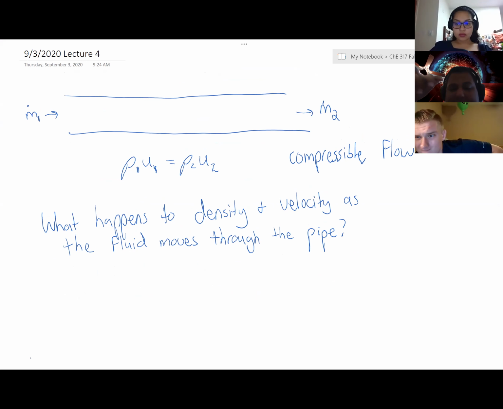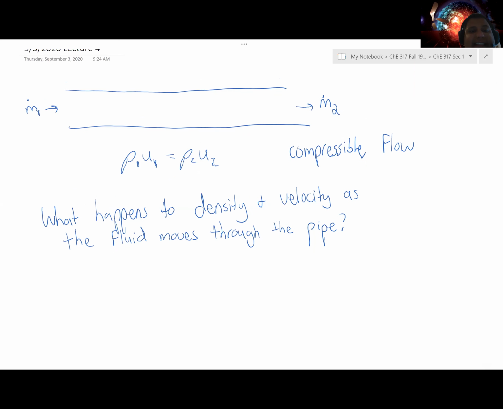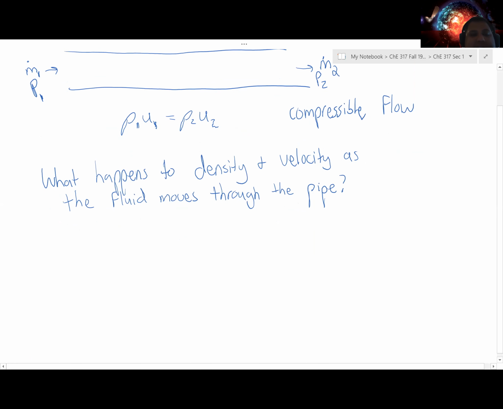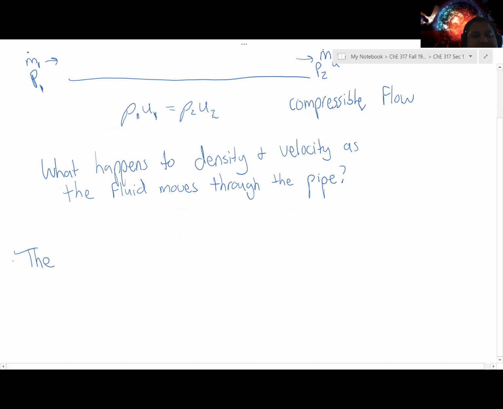Well, if we have fluid moving through a pipe, we had discussed previously that if we considered the pressure of the system, the pressure of the fluid would decrease through the length of the pipe.